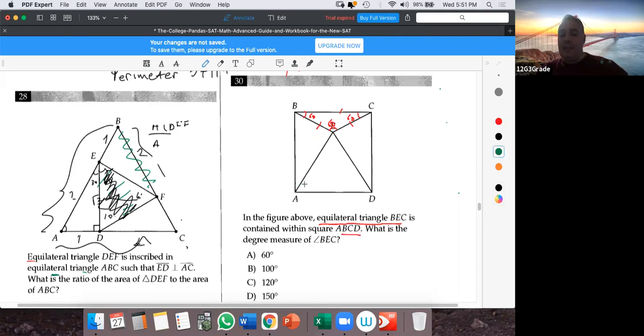Square means 90, 90, 90. Since this is 90, left 30, left 30. Okay. And then if I call this side, for example, x, this is x, this is x. By the way, this is the one side of the square. If this is x, this is also x, this is also x, this is also x.